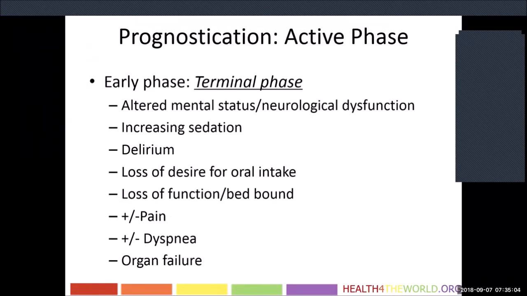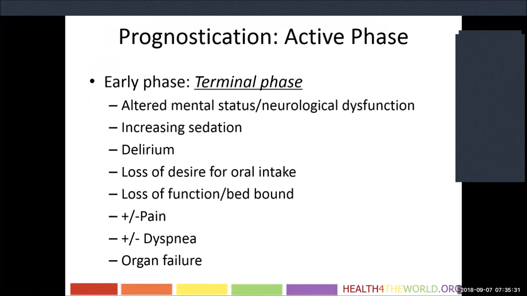When they are progressing to the active phase of death, there are two subphases, an early and a late phase. In the early phase, you see altered mental status and neurologic dysfunction. So the confusion starts to deepen, and their ability to move declines. You might see myoclonus, or uncontrolled jerking.